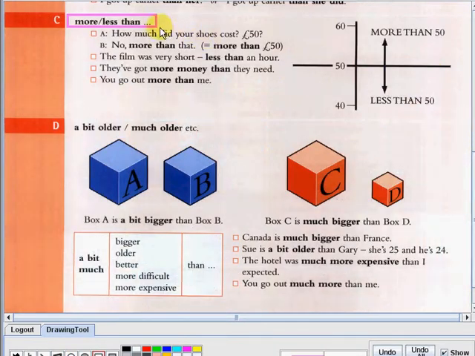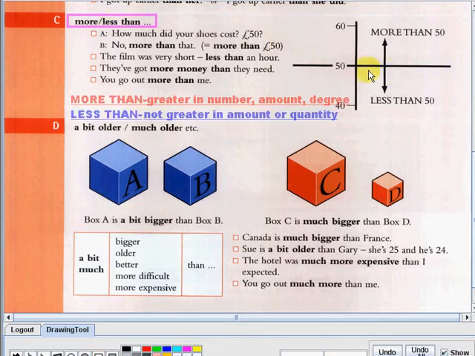For today, we will discuss the words more than and less than. So we can see here that the word then is placed after the words more and less. So what do you know about these words?